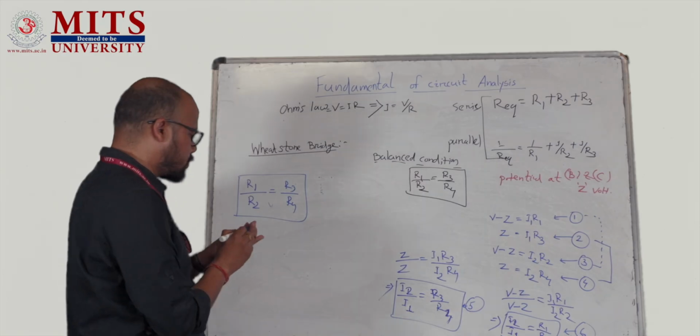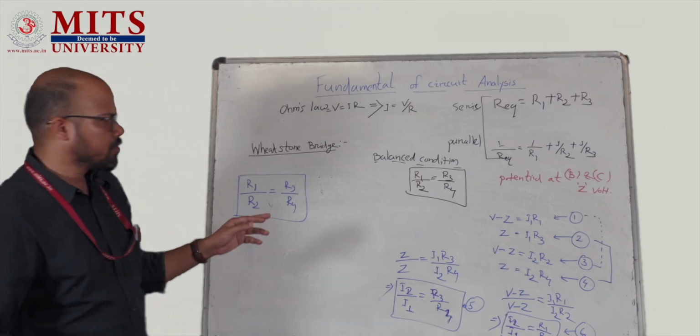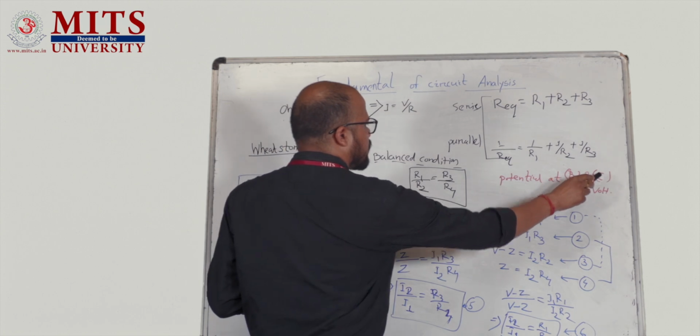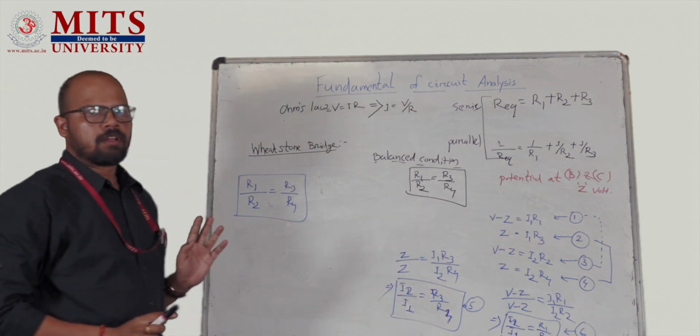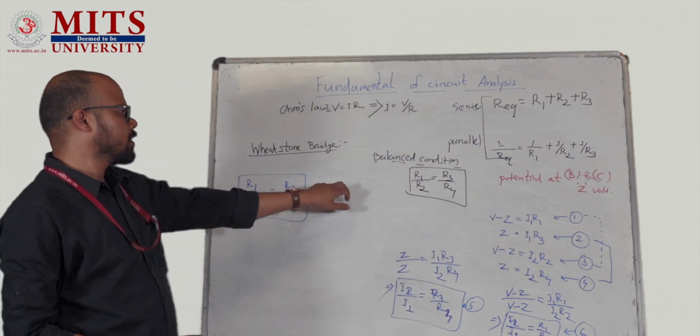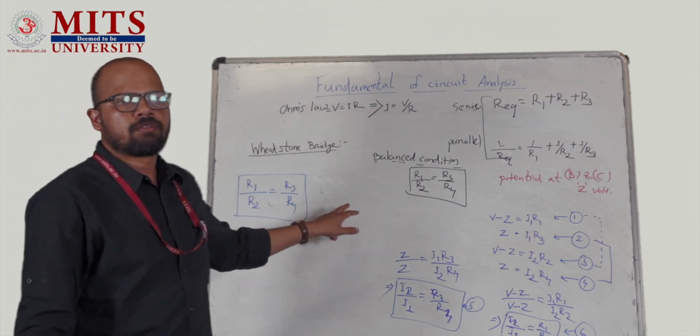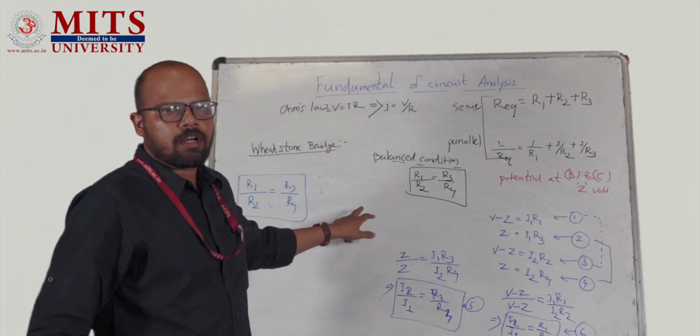So when this equation holds, that is when the potentials at B and C are the same, in such cases we neglect the current passing through the resistor R5.